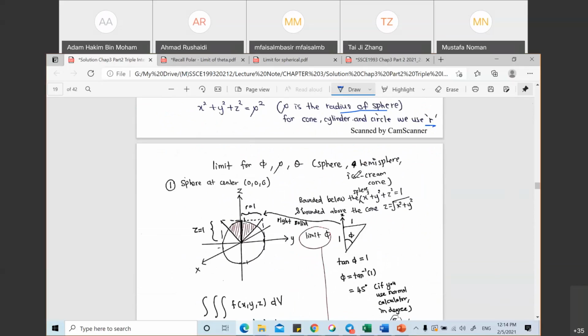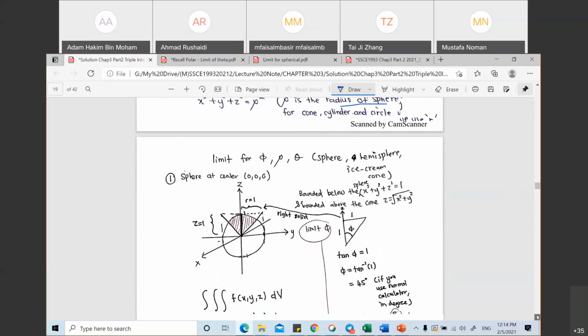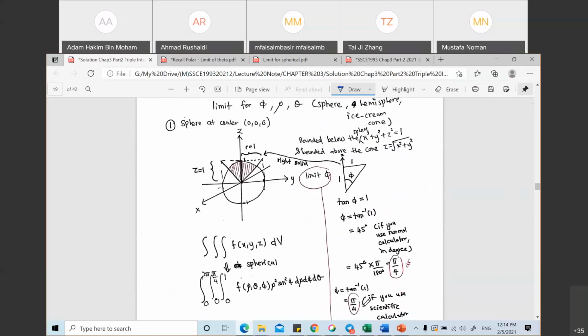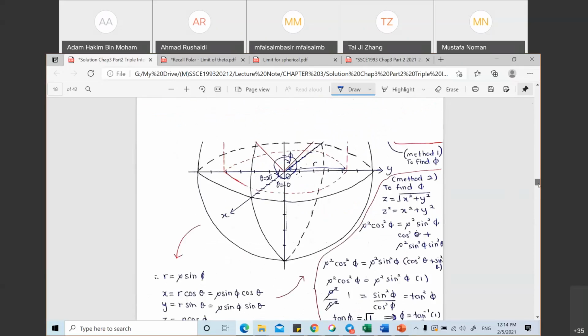Sphere, hemisphere, ice cream cone. Let's say I have an ice cream cone, and then I want to find the limit. Here should be the dV. Okay, next thing about the dV. Where is the dV?